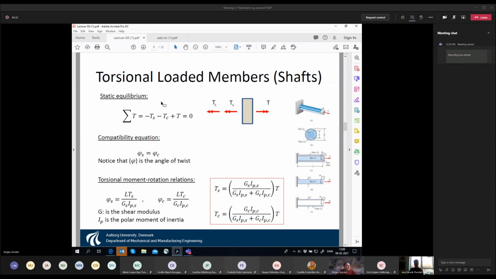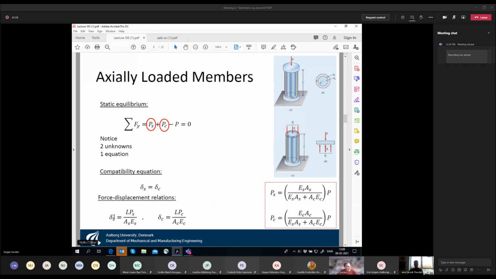So then we write this equation of static equilibrium, and then we write the compatibility equation, which is also the same, that the angles are the same. And then we write Hooke's law. And Hooke's law for torsion looks like a twin brother of Hooke's law for extension and compression, because in extension, you see you have elongation and you have force.